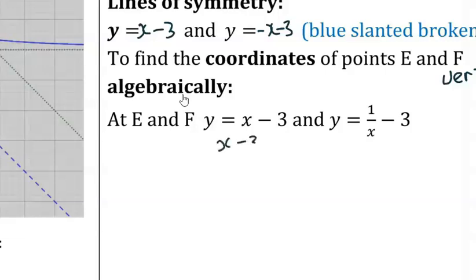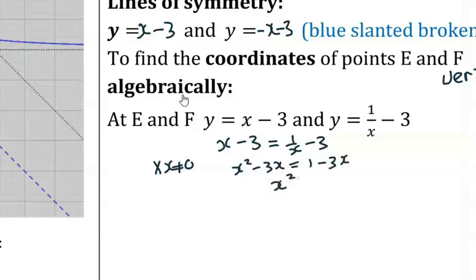So we will have that equal to 1 over x minus 3. If I multiply by x, remember x cannot be 0, then I get x squared minus 3x is equal to 1 minus 3x, and that gives me again x squared is equal to 1, so x is equal to plus or minus 1.